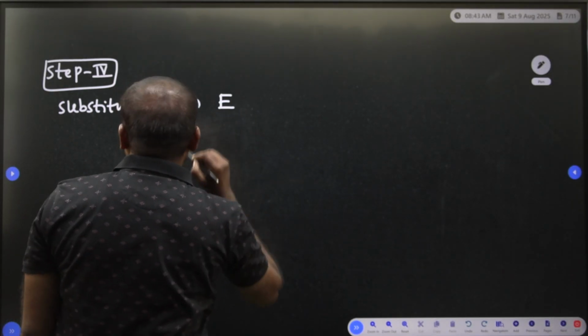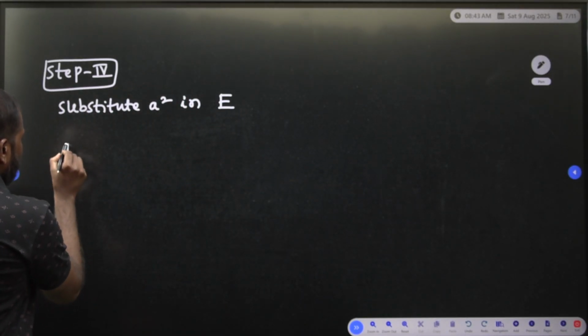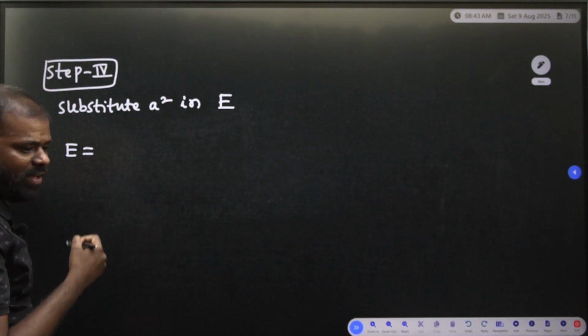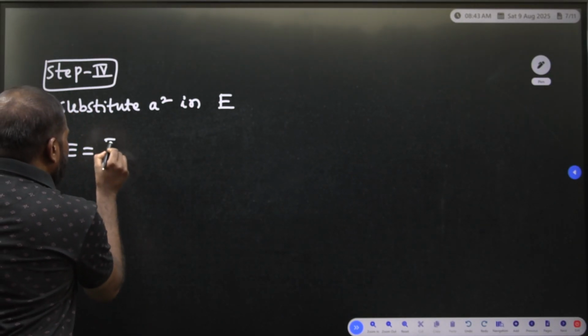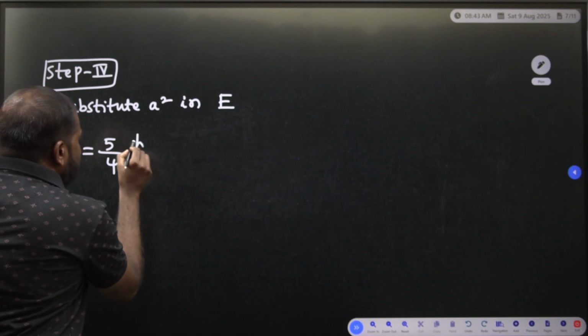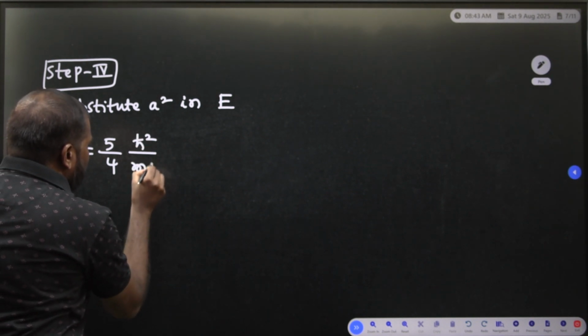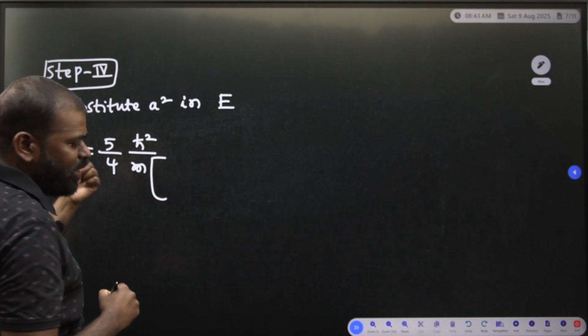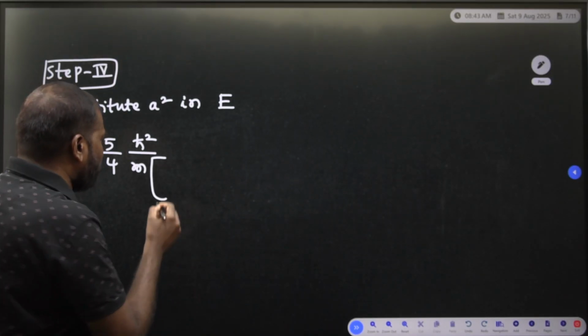So E is equal to 5 by 4 into h cut square divided by m a square. So what is the value of m into a square?